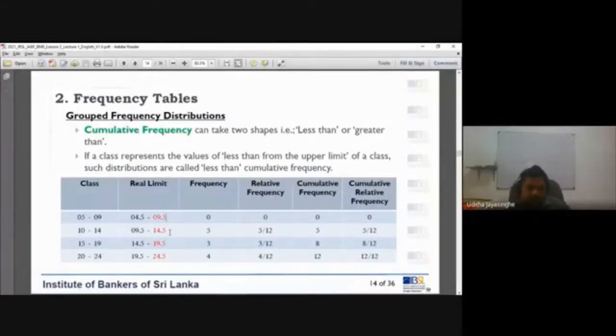We don't have to go that far, but to get an understanding, if you really want to represent your data set in a less than or a greater than manner, that's all we need to discuss here. The red color highlights the real class limits I have put in, to give you a sense that, although there are whole number margins here from 9 to 10, if the margin comes up until 9.5, including 9.5, it belongs to the less than class. The flip side of this should be the greater than.